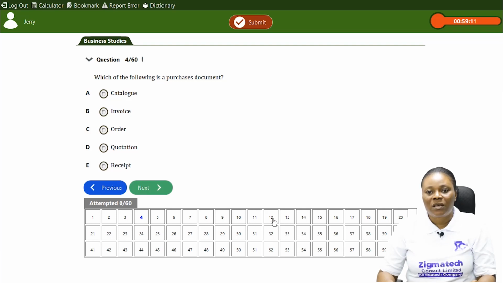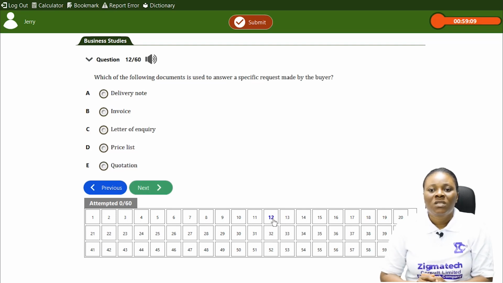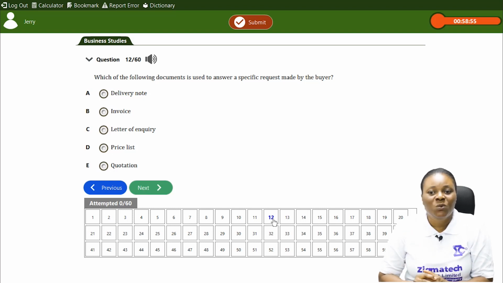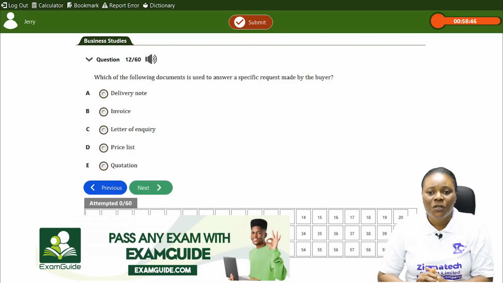Let's take another question. It says, which of the following documents is used to answer a specific request made by a buyer? I made mention of this while explaining a particular purchase document. Is it delivery note, or invoice, or letter of inquiry, or price list, or quotation?